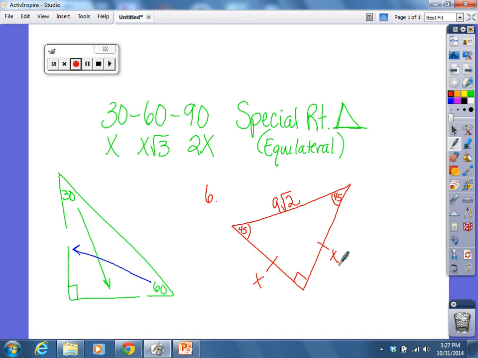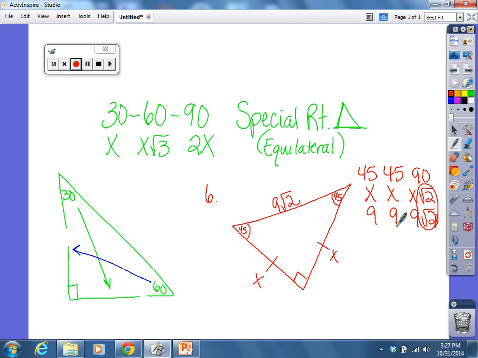So with my 45, 45, 90 triangle, I have x, x, x square root of 2, and they actually gave me the hypotenuse. So guess what? All I have to do is pull that x off of there, and my legs are 9 each.